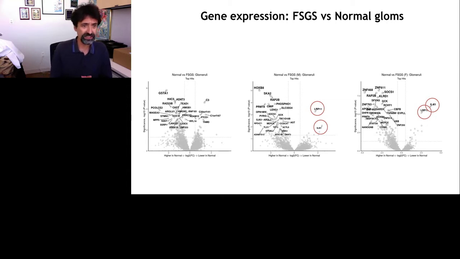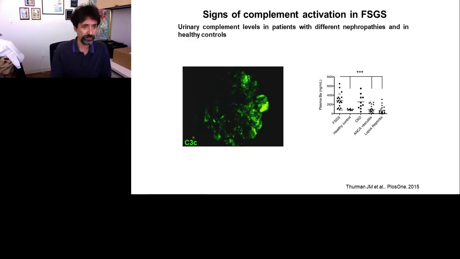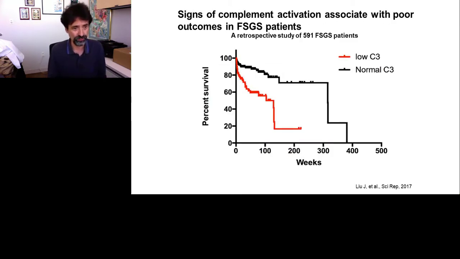And indeed, it's not uncommon to see complement deposits in FSGS, or in the plasma of patients with FSGS. And in patients that have low C3, so that have a consumption of complement, there is a lower survival of the kidney in patients with FSGS.